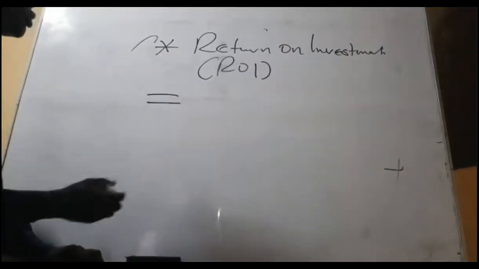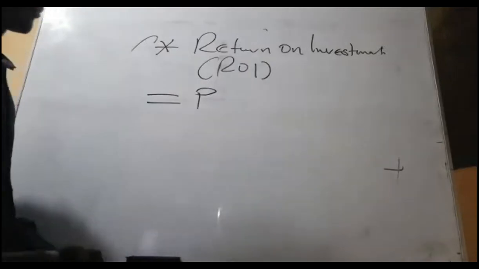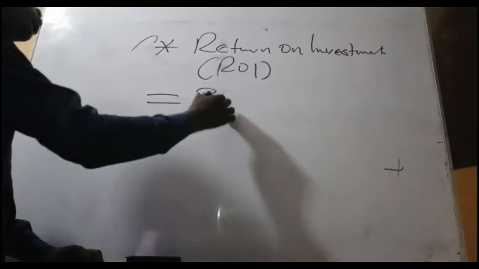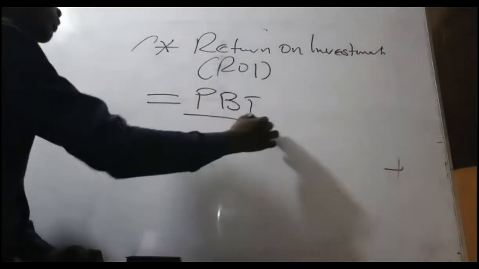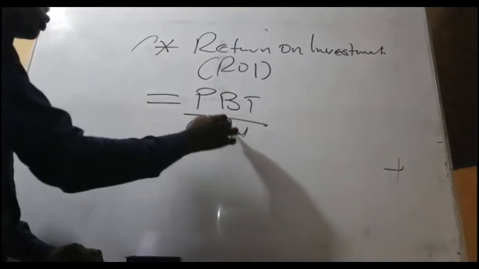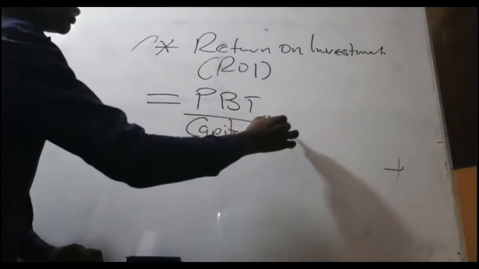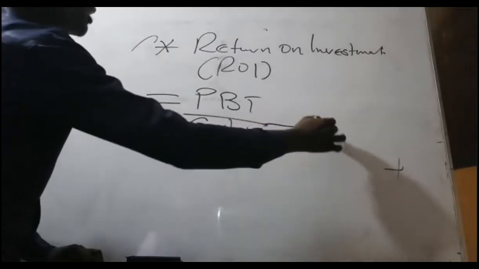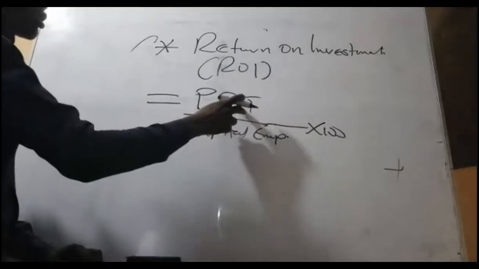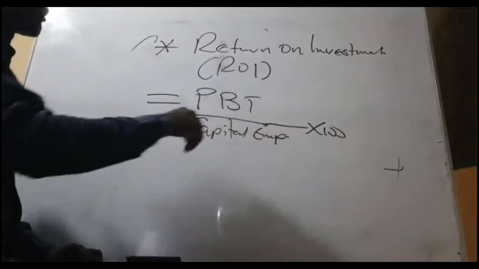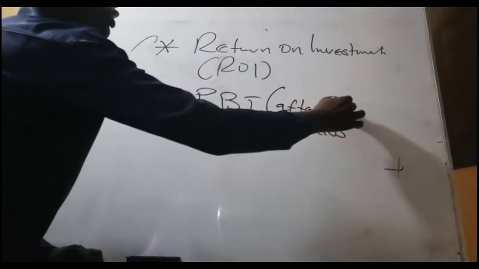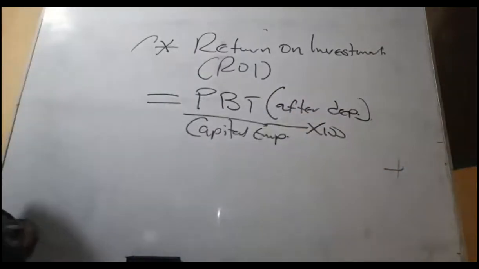It's equal to your profit before tax, that's operating profit, all divided by capital employed, times 100. Please, this profit is before tax, but must be after depreciation. Very important.